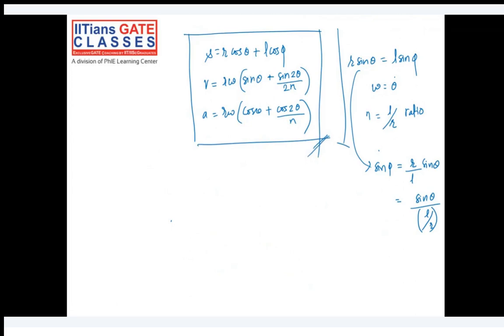Now the main question here is how we can do the force analysis in this slider crank chain, or slider crank mechanism. From geometry, we can directly calculate s, we can differentiate s and get the values of velocity and acceleration. It's straightforward.